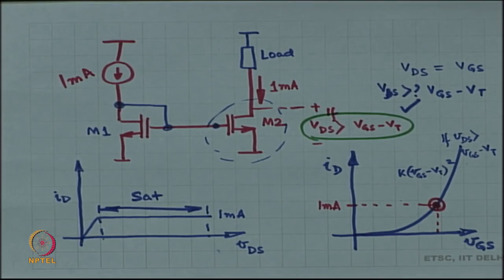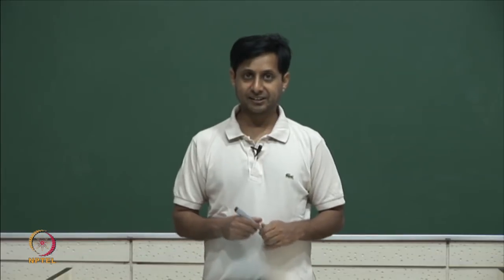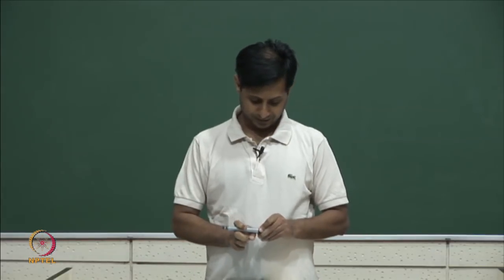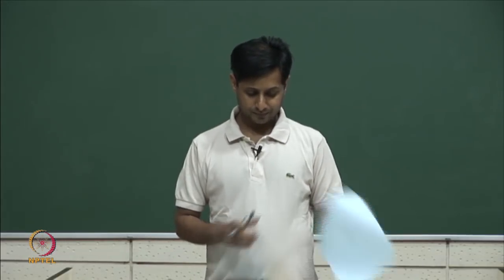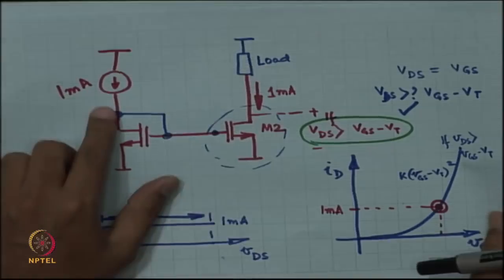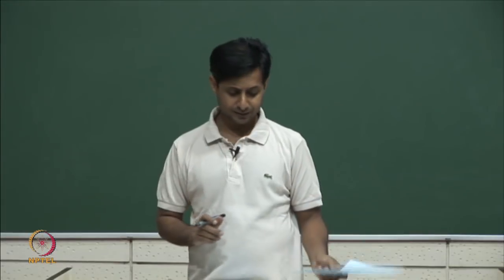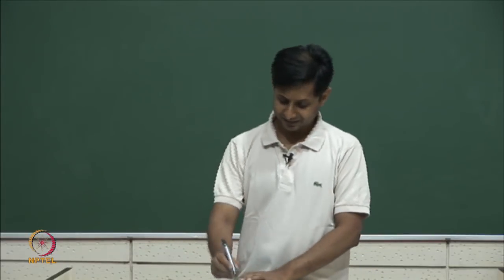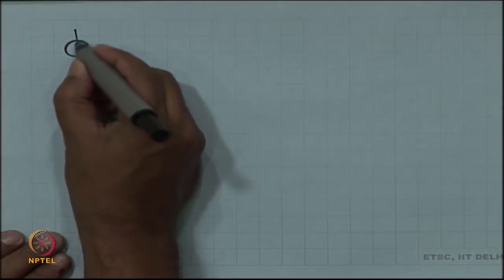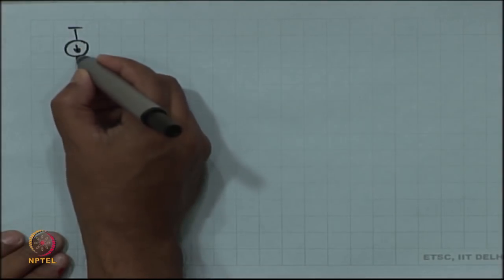Now, we are going to slightly extend things, right. If I had 1 milliampere, can I create 2 milliamperes instead of 1? And the answer is yes. So, this is your reference current.